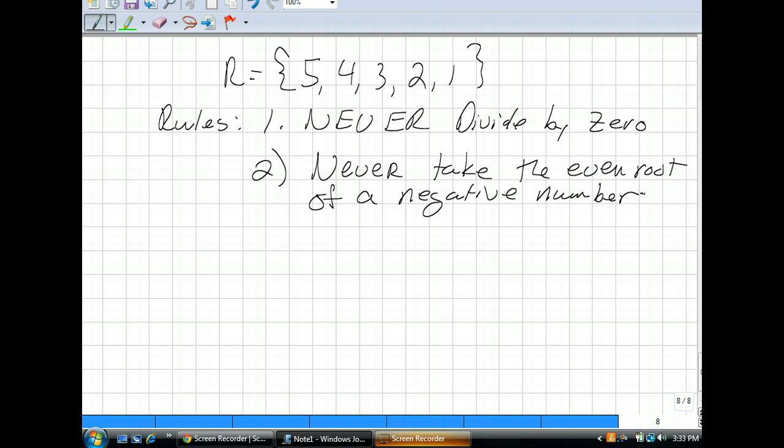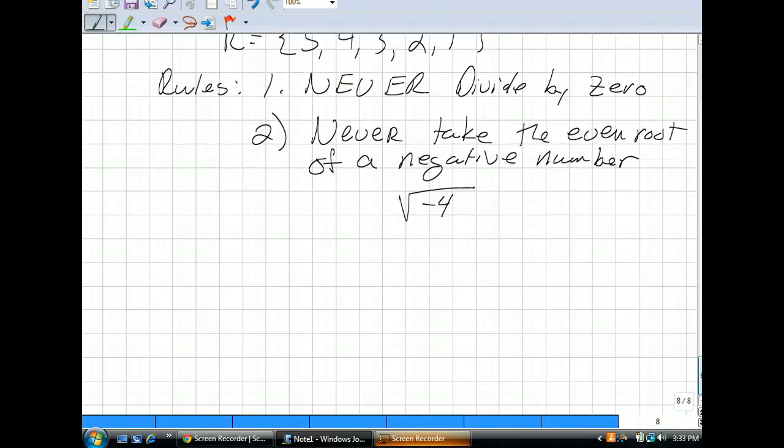Okay? And so by that we mean, for instance, the square root of -4. That's not possible in the real number system, so we can never, ever, ever do that. So what we have to do is make sure that we eliminate from the domain any numbers that would make us break one of those 2 rules.